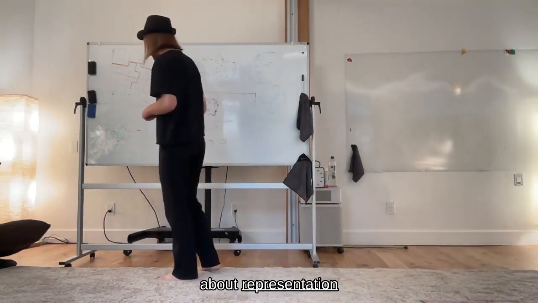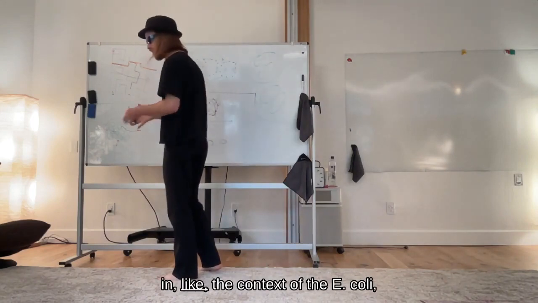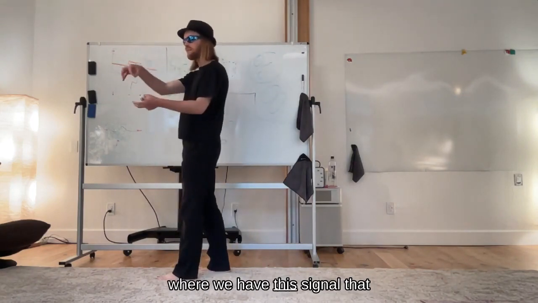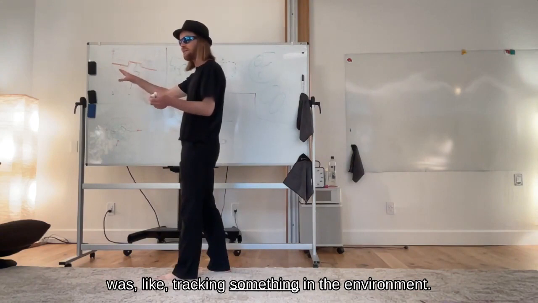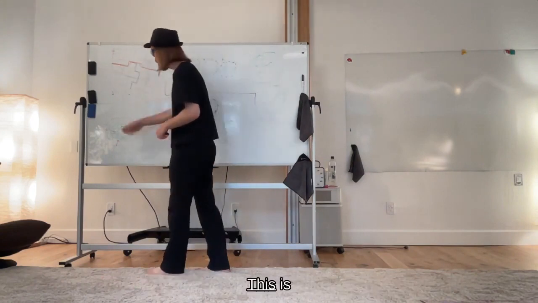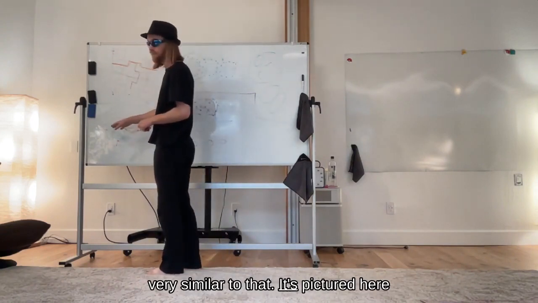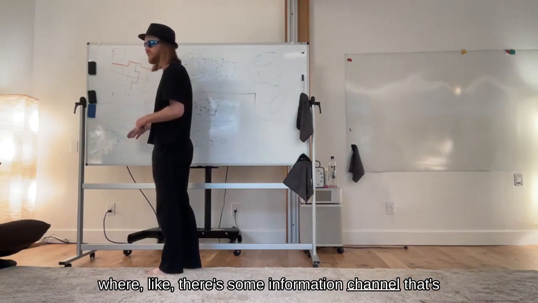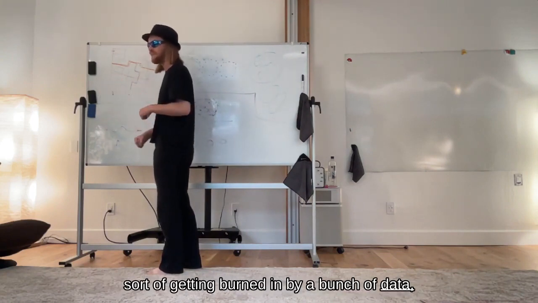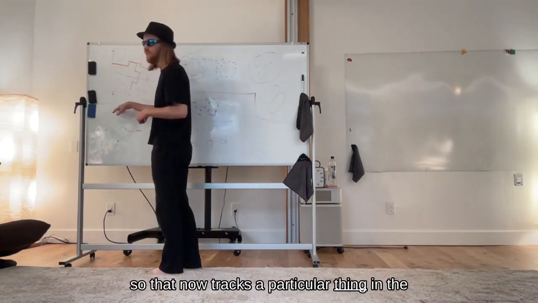So we talked about representation in the context of the E. coli, where we had this signal that was tracking something in the environment. This is very similar to that. This picture here, where there's some information channel that's getting burned in by a bunch of data, so that now it tracks a particular thing in the environment.